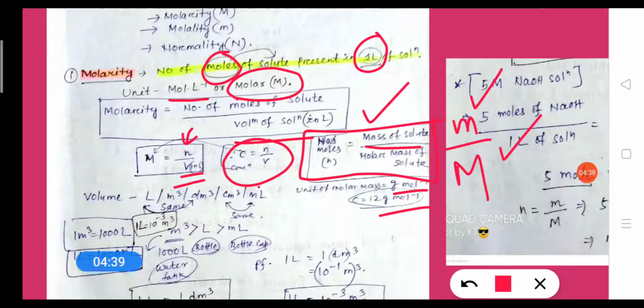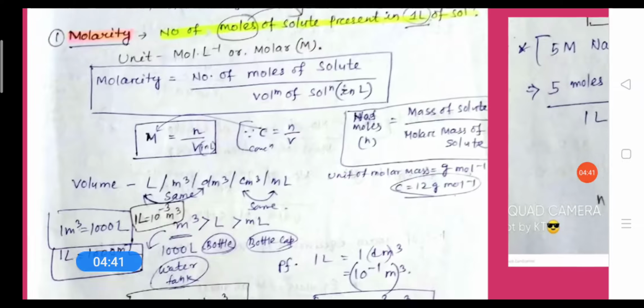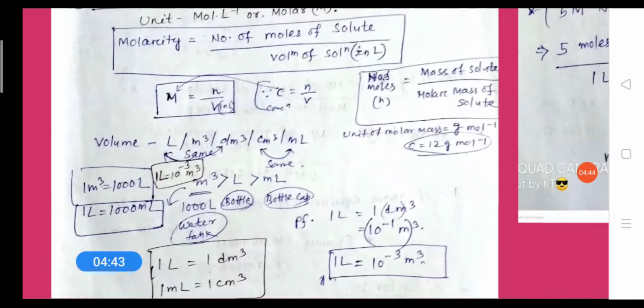Molarity is a concentration term. Then what are the units of volume? In short, I will discuss with you. The volume units are liter, meter cube, decimeter cube, centimeter cube and ml.